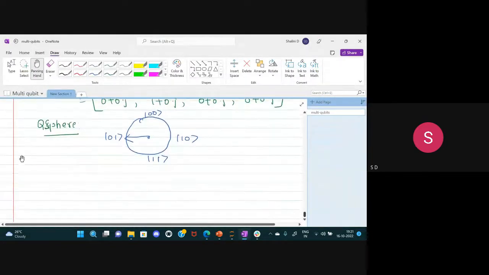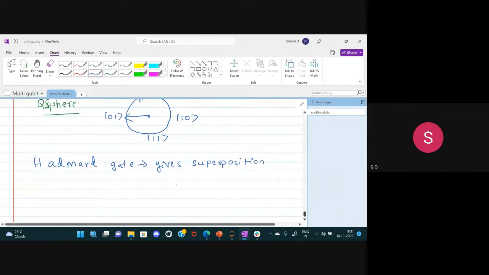Okay, so the Hadamard gate gives superposition. In the last session, a volunteer would have taught about the Hadamard gate. It gives superposition. So for ket 0, it will be ket 0 plus ket 1 divided by root 2.